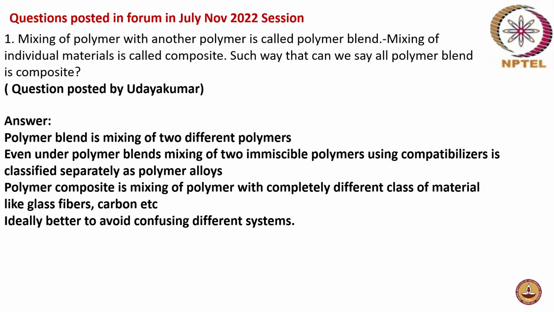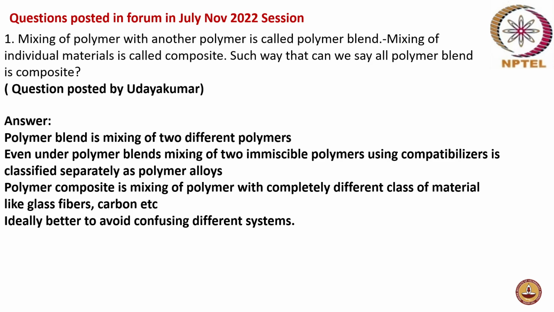Polymer composite is mixing of polymers with a completely different class of materials like glass fibers, carbon nanotubes, carbon fibers. So it's ideal that we do not confuse these different systems. You cannot say polymer blend is a composite.